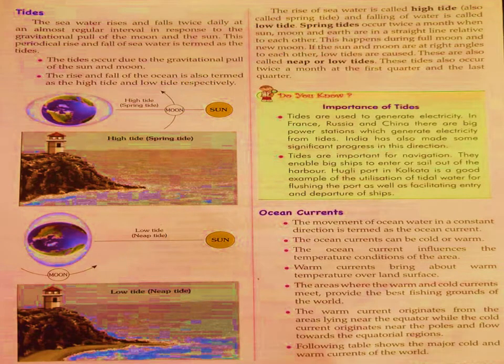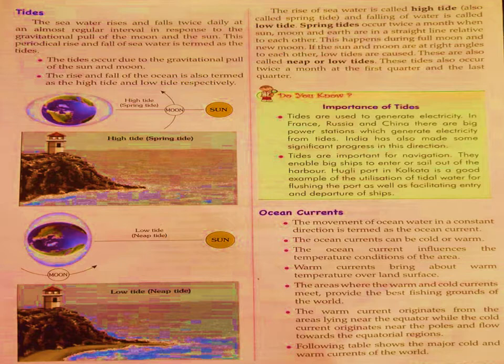So here we have the topic tides. Because of the gravitational pull of the moon and sun, the sea water rises and falls twice daily, and that is almost at regular intervals.